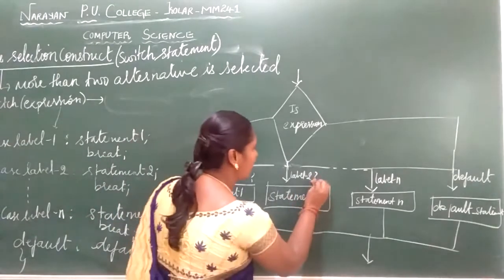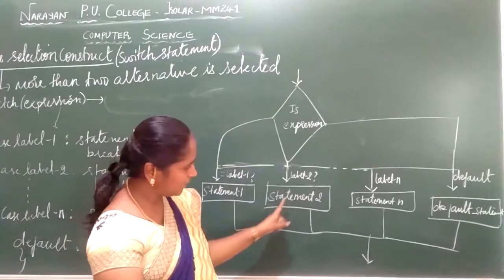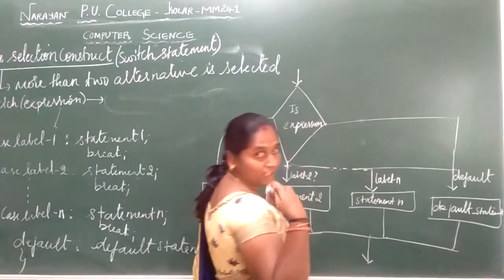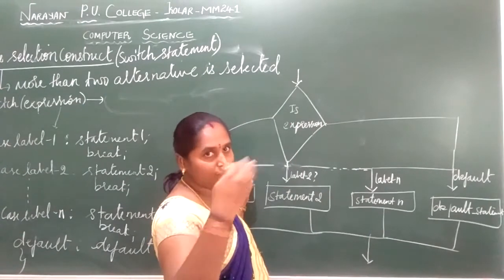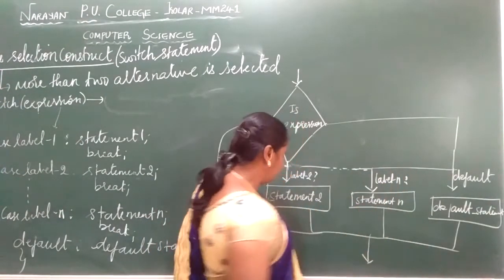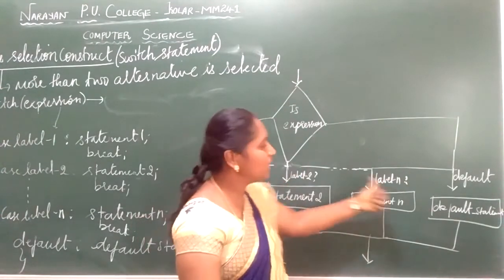If this condition matches in case label 2, then you are going to execute the set of statements, that is statement 2. So on, up to n, you check label 1, label 2, up to label n.